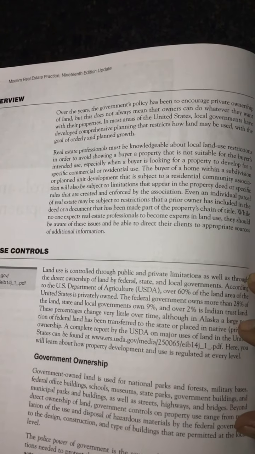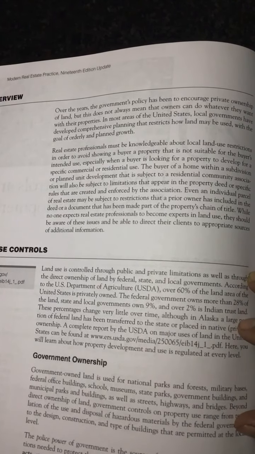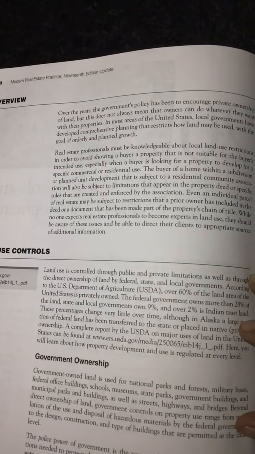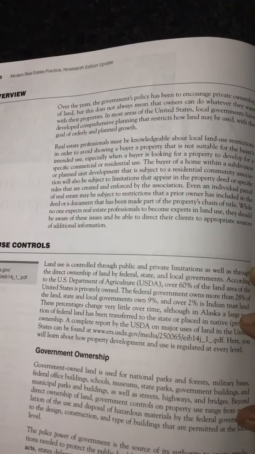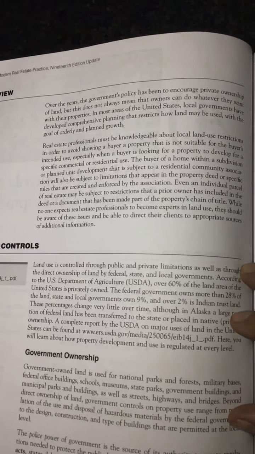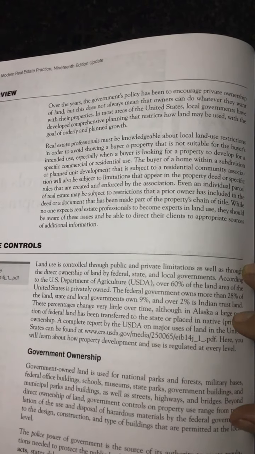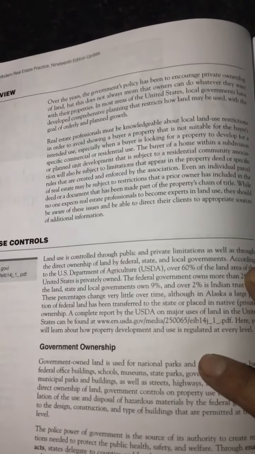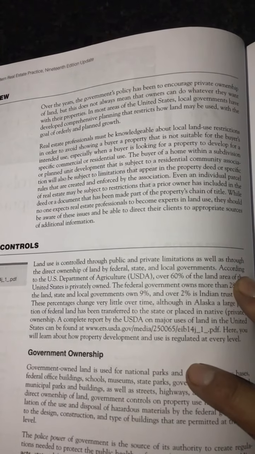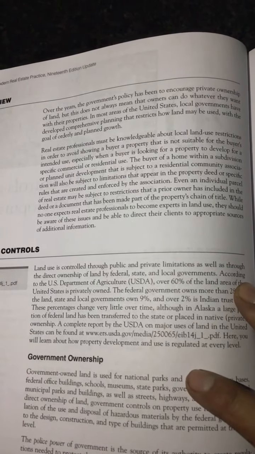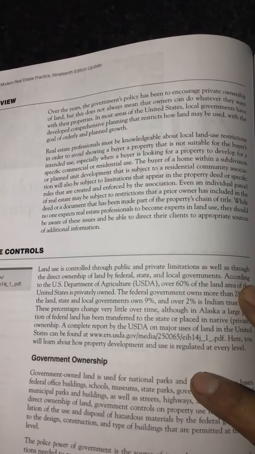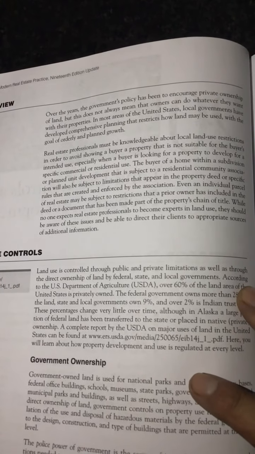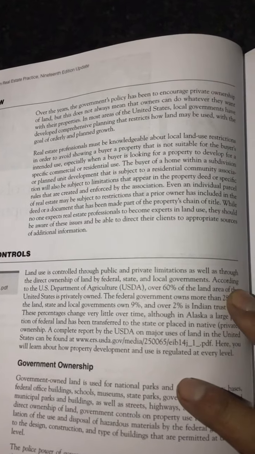Real estate professionals must be knowledgeable about local land use restrictions in order to avoid showing a buyer a property that is not suitable for the buyer's intended use, especially when a buyer is looking for a property to develop for a specific commercial or residential use.